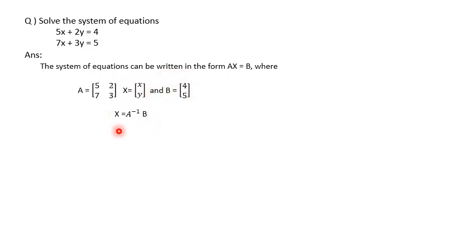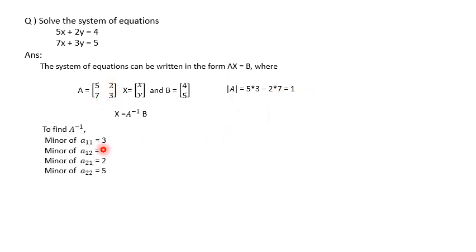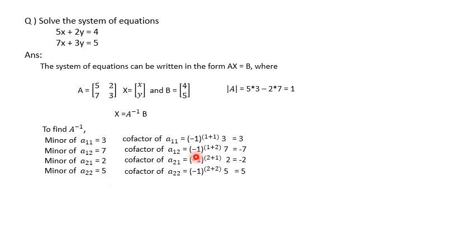Now we need to find the inverse of A. First step, determinant of A: 5 into 3 minus 2 into 7. Second step, minor of each element: minor of A11, minor of A12, minor of A21, minor of A22. Then cofactor of A11, cofactor of A12, cofactor of A21, cofactor of A22.